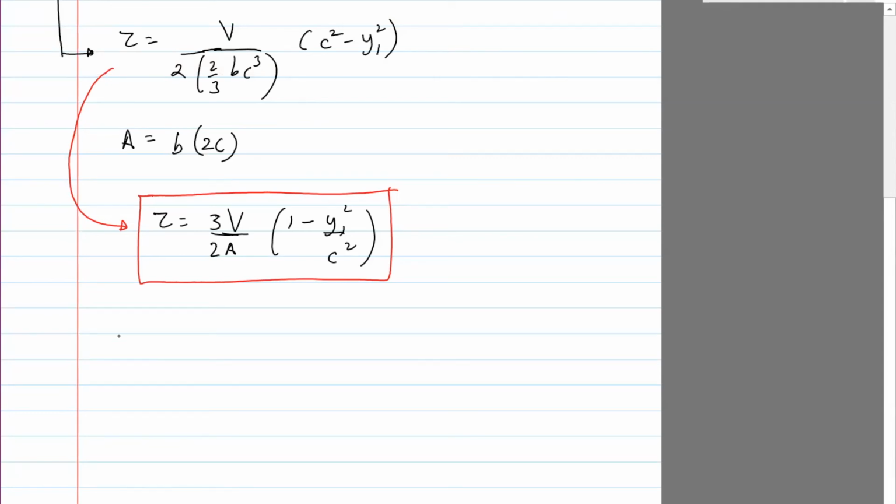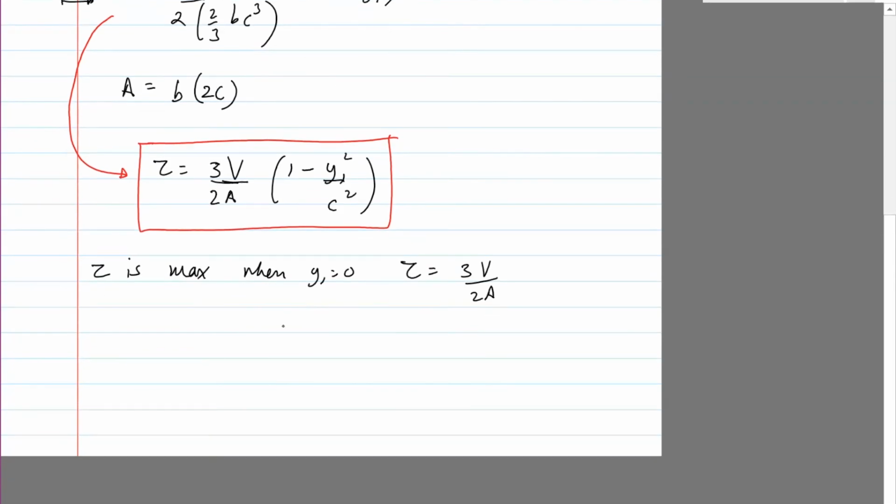V is given, so tau attains a maximum value when y1 is 0, because there's a negative there. So anything other than 0 will give a lower value of tau than it is with a 0. So tau equals 3V.